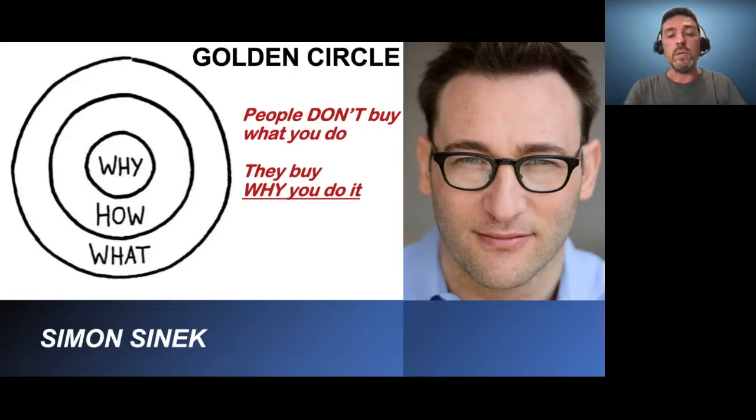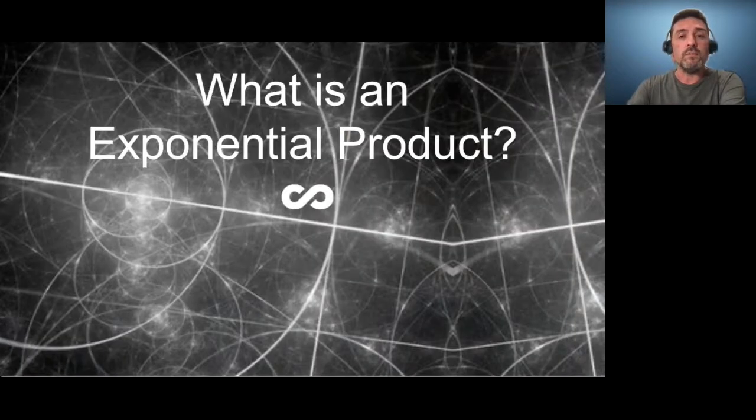So I recommend you look for Simon Sinek and understand better the golden circle, to understand first of all, when you are starting to build a product, why, right? Why am I building this product, what am I trying to achieve, what is the purpose of this product, and the purpose in the context of the users and how they are going to use it.